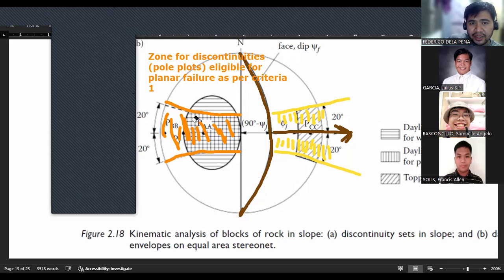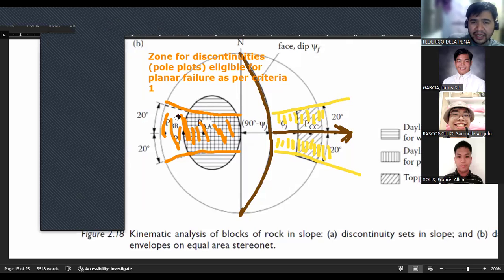By extension, all the pole plots of intersections are also eligible for wedge failure. So you can also apply this criteria for the wedge failure as long as you're plotting the intersections of discontinuities. And you can automatically do that in RocScience Dips, which will be done in your exercise.